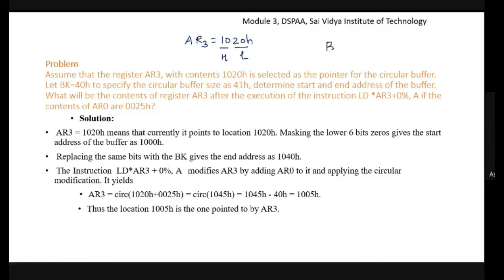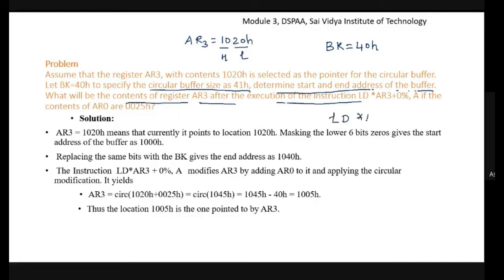The circular buffer size is 40 hexadecimal, to specify the circular buffer size of 41 hexadecimal. Determine the start and end address of the buffer. So you have to calculate the start address of the buffer and the end address of the buffer.